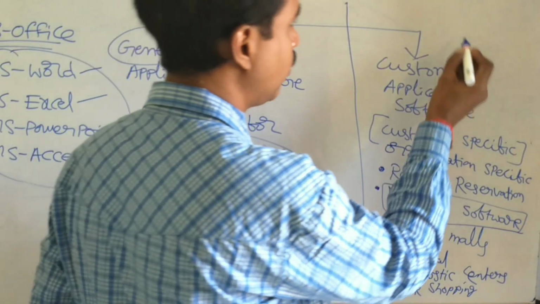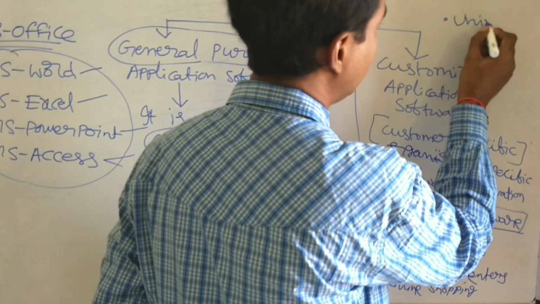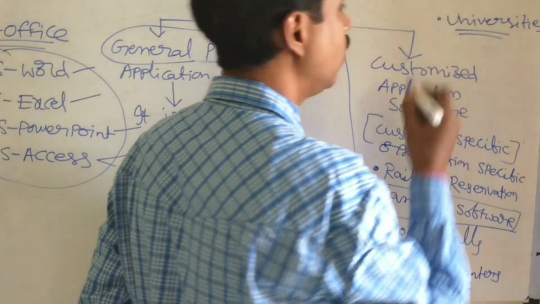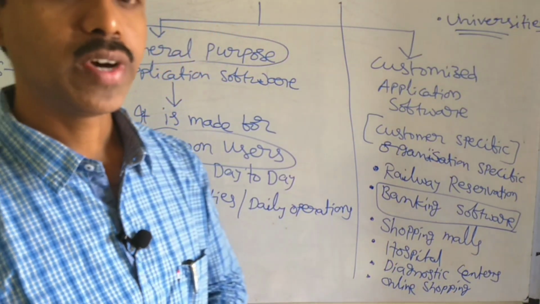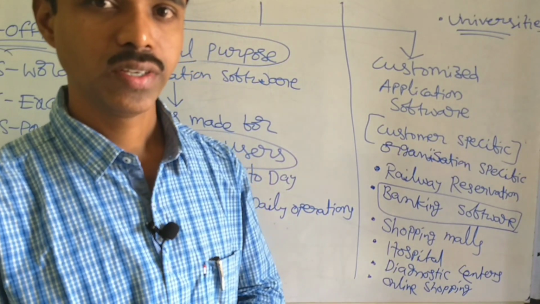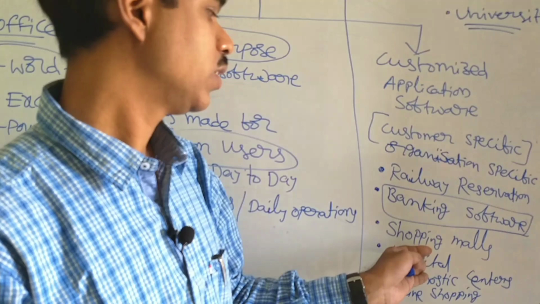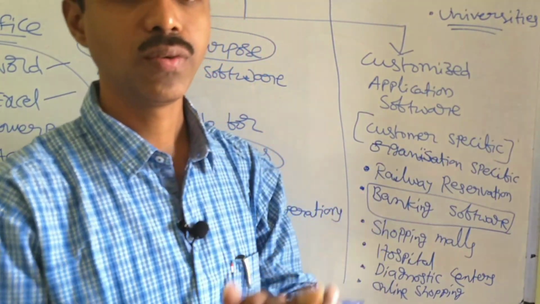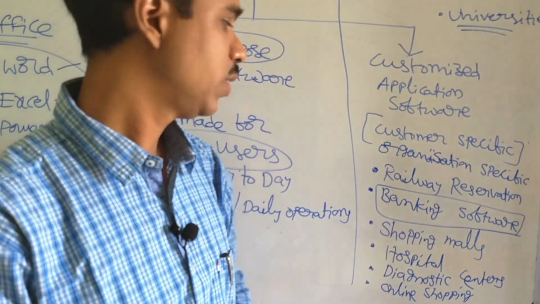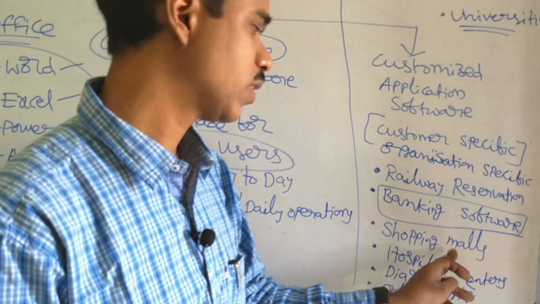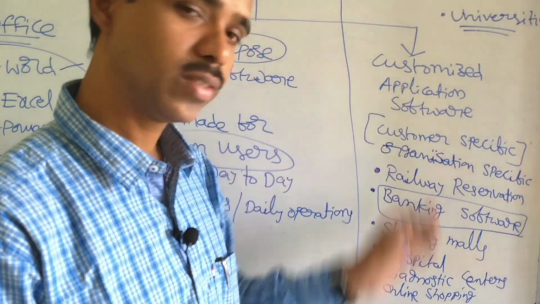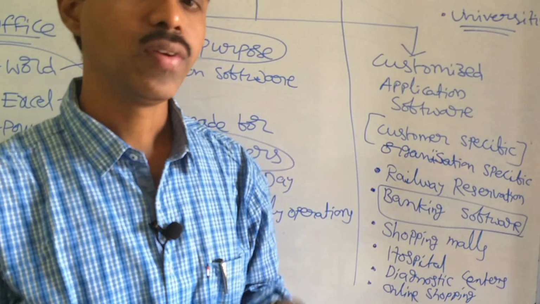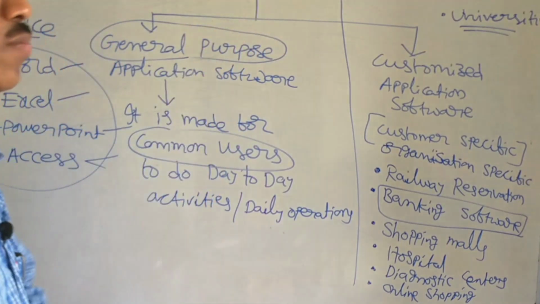And the universities are maintaining some software to store the student marks, to store the college details. So that software cannot be used by a hospital, for example. Why? Because the universities have their own rules related to education. So it is related to the hospital, the shopping mall, the banking, like this. Every organization has its own requirement. For every requirement, they will go for specific application software.